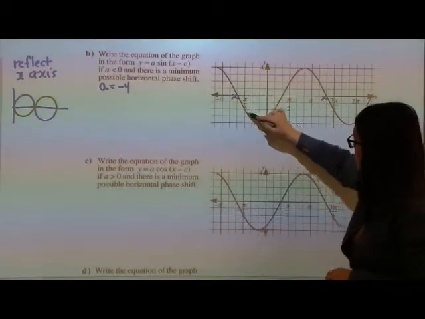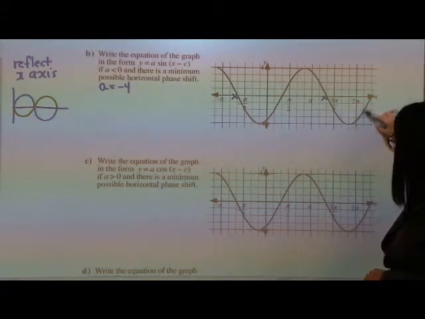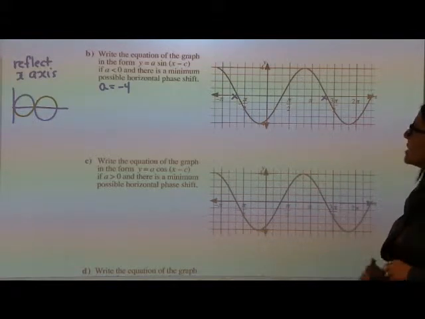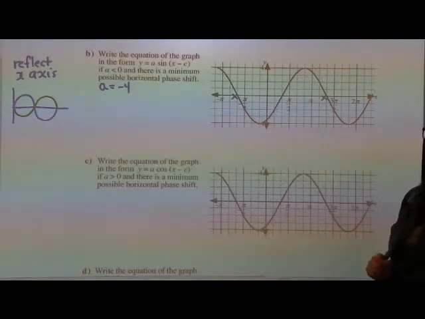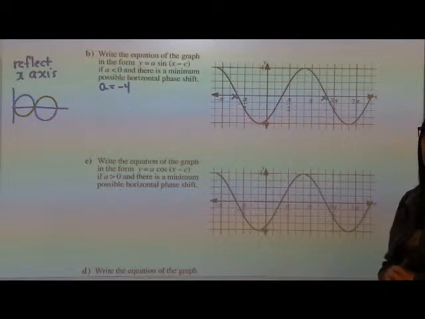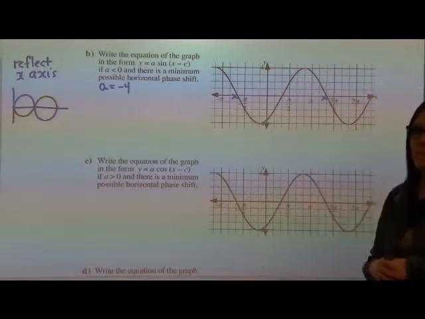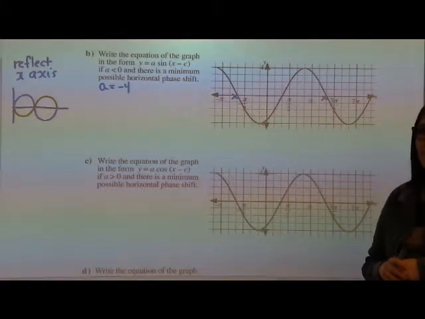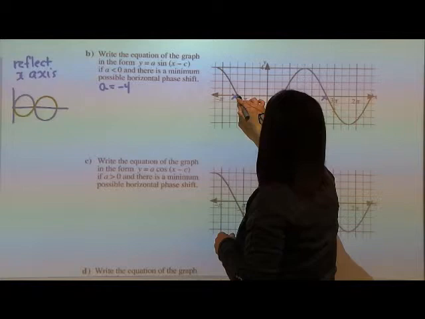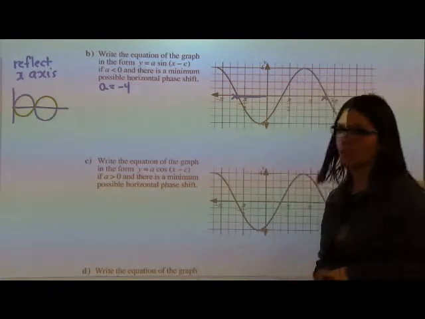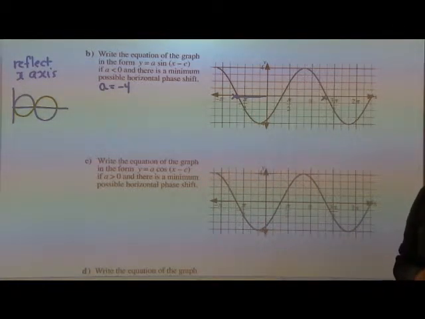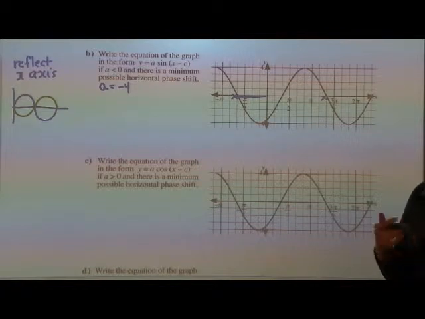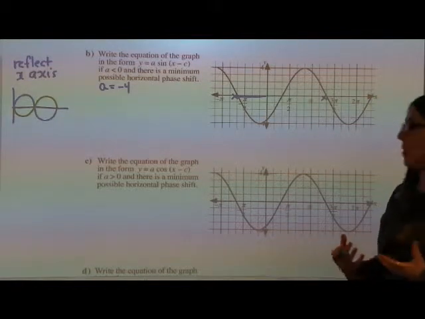That's where I'm going to get this down, up, down, up. Which one is closest to the y-axis? The one on the left or the one on the right? The one on the left. This becomes my minimum phase shift. That's what the question means when it says the minimum.